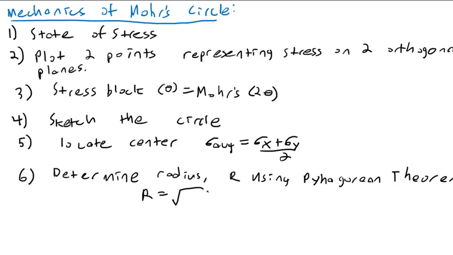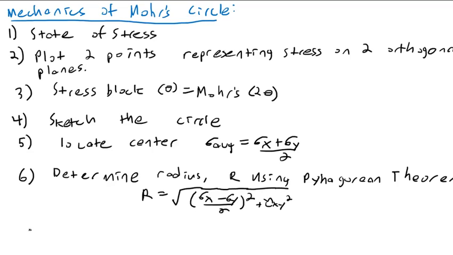If you look at the two points, this is basically just the distance formula between the two points. So r equals the square root of sigma x minus sigma y over 2, squared, plus tau xy squared.